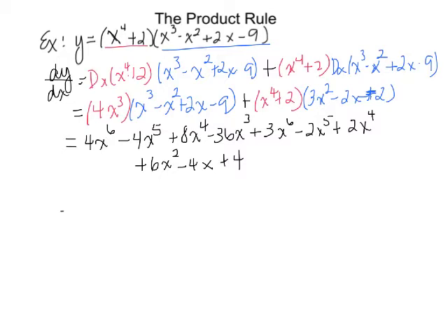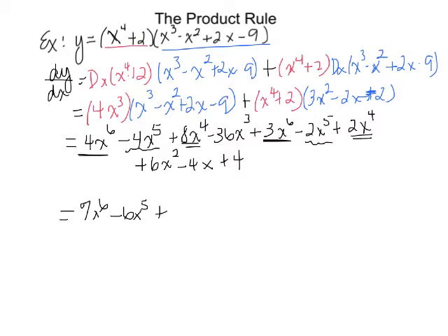And again, I want to collect my like terms. So I have an x to the 6th here and another x to the 6th there, so that makes 7x to the 6th. X to the 5th here and another x to the 5th there, so negative 4 minus 2 is negative 6x to the 5th. I have an x to the 4th there and an x to the 4th there.